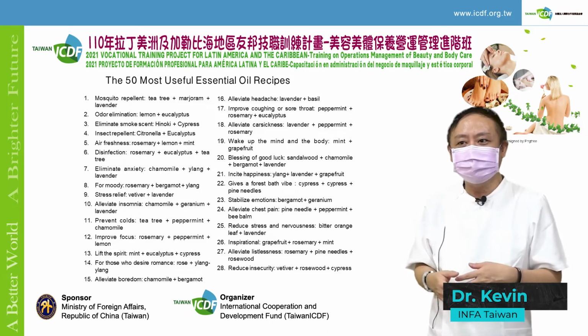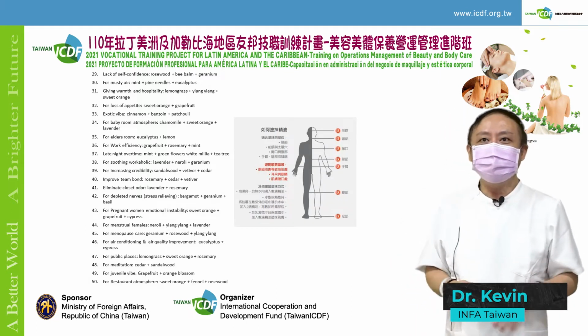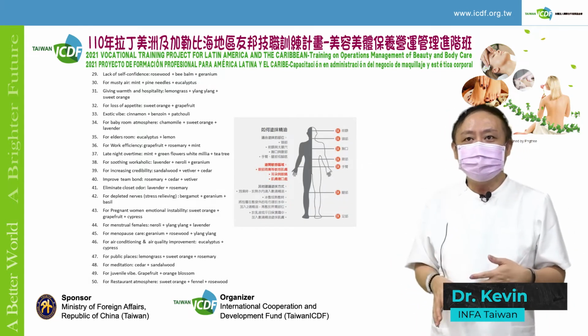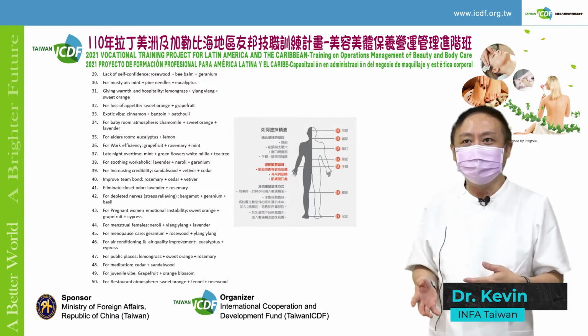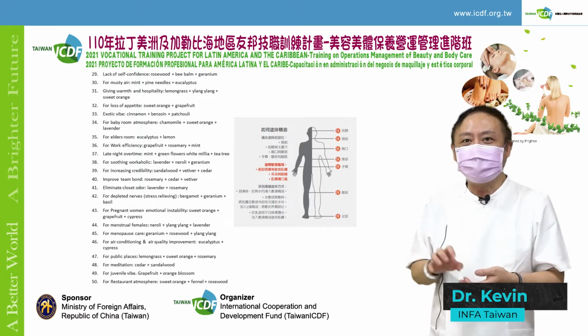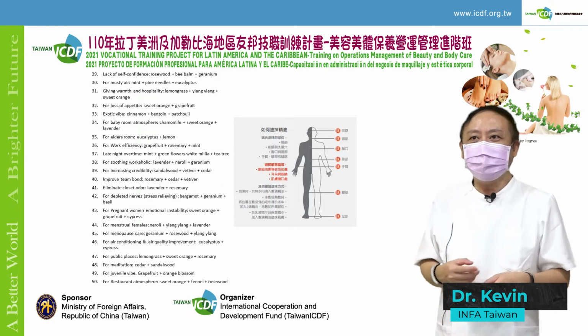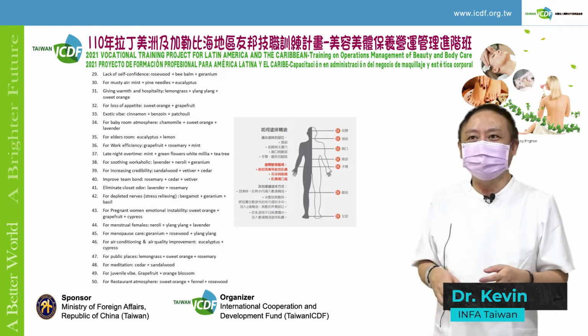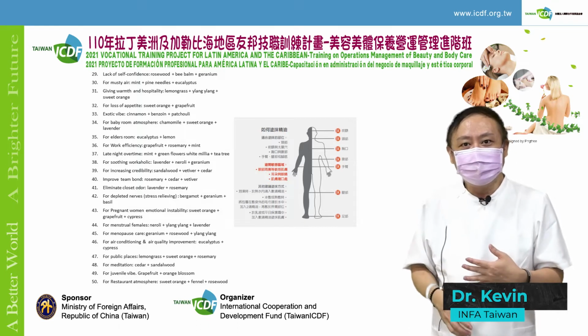If we're feeling low in energy, we can use rosemary. So, if you lack self-confidence, you can use geranium, rosewood, and bee balm. For musty air, you can use mint, pine needles, and eucalyptus. You see eucalyptus and tea tree very often for air freshening. If you want to give warmth or hospitality, you can use ylang ylang plus sweet orange.